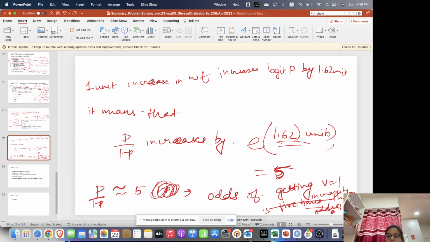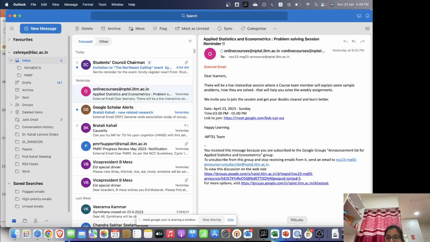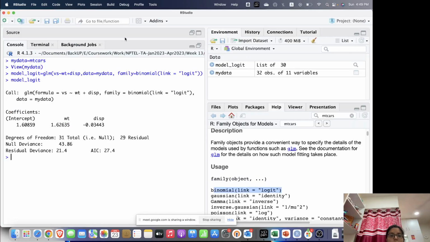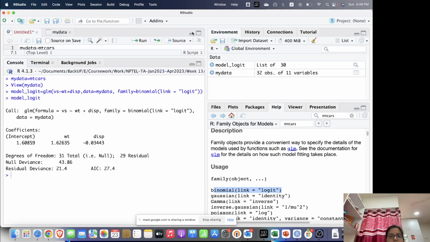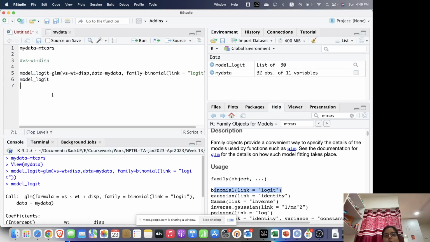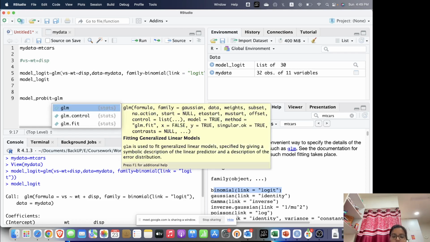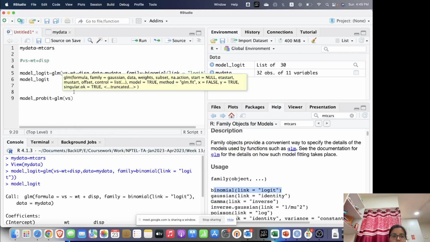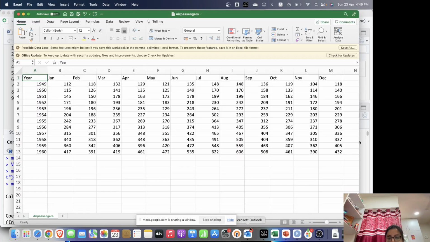Now if you want to have a probit model, we just have to change this link. Okay, you're not able to see my screen, I think.